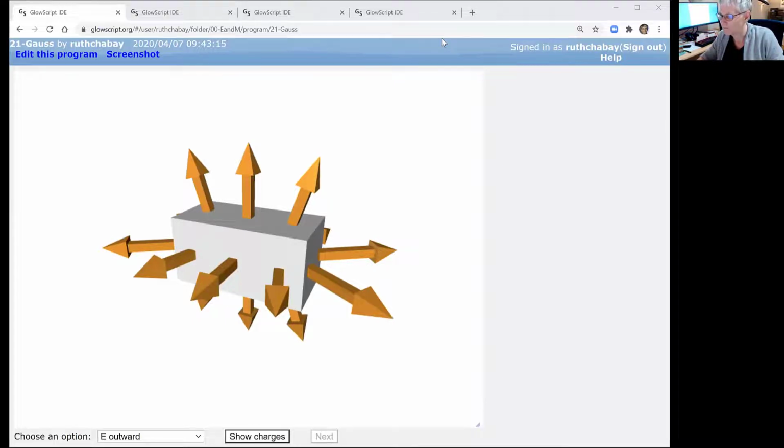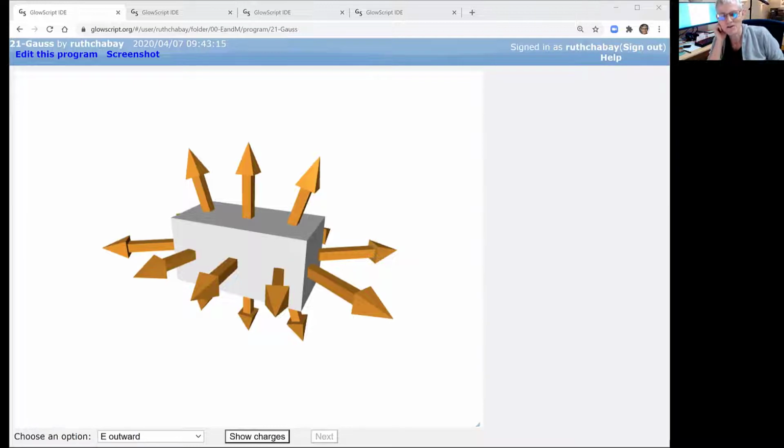What's inside the box? You have four choices: positive charge, negative charge, zero charge, or you can't tell.